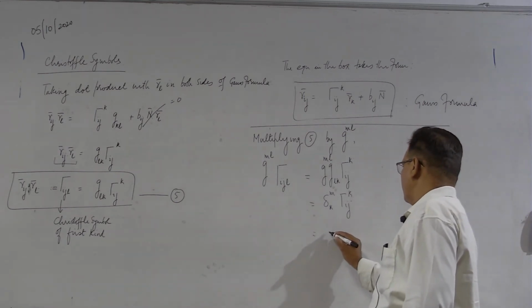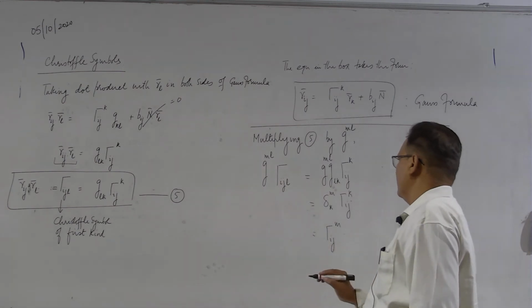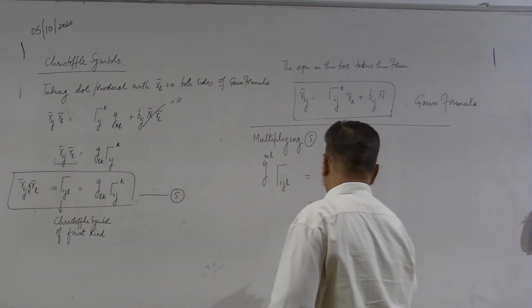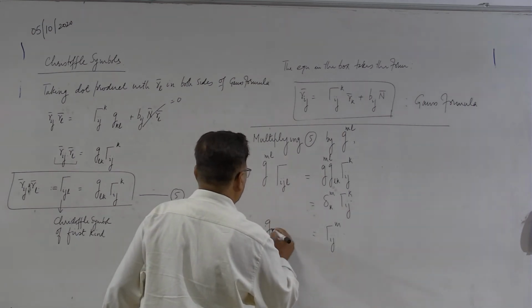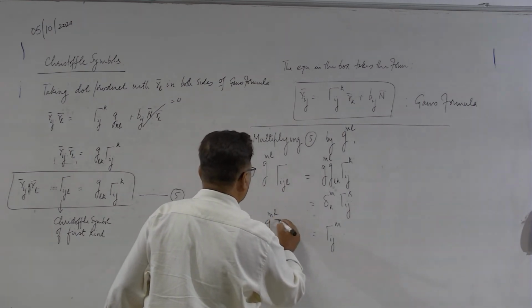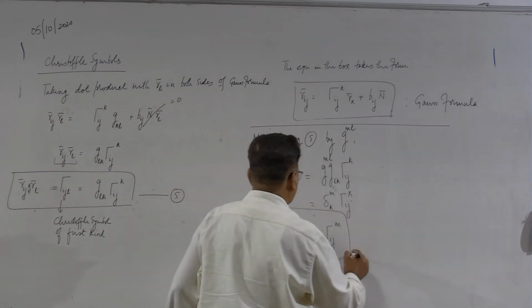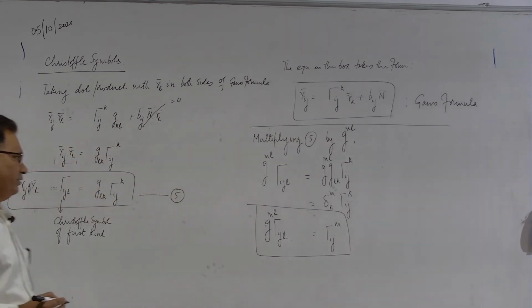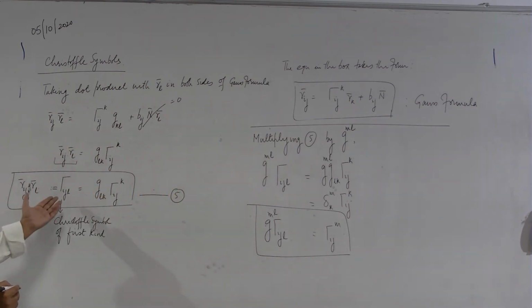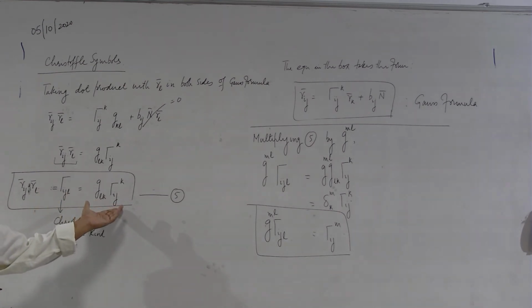So, it will become m_ij. So, Christoffel symbol of second kind m_ij is actually equal to g^ml into ij,l. This is how Christoffel symbol of second kind is related to Christoffel symbol of first kind, and this is how Christoffel symbol of first kind is related to Christoffel symbol of second kind.